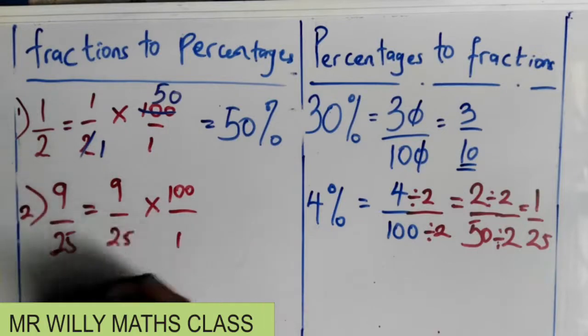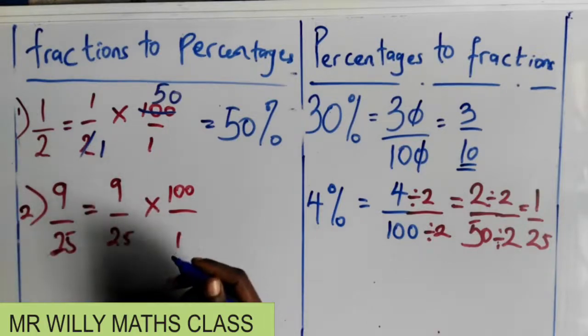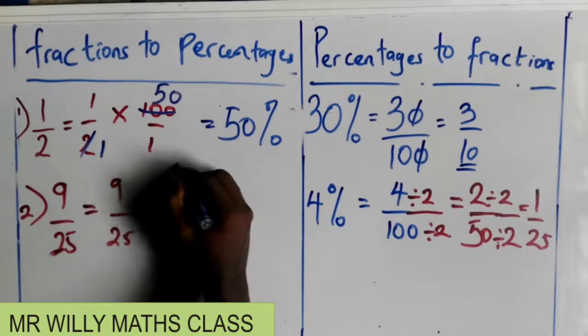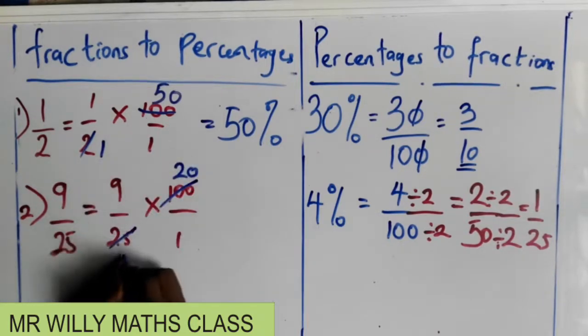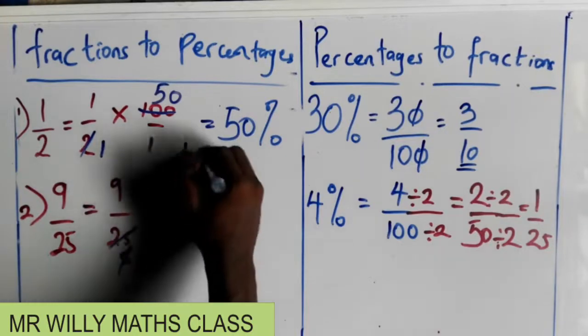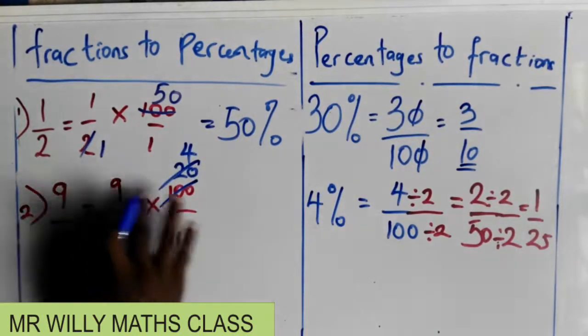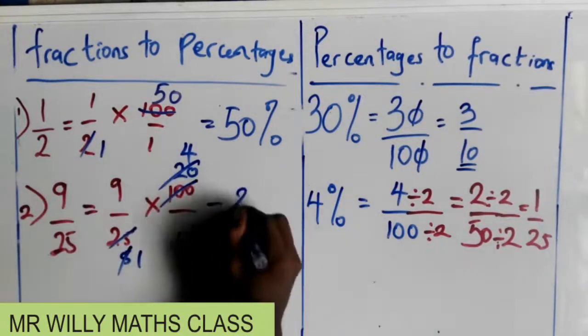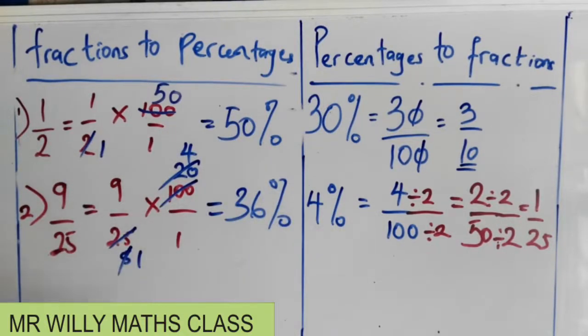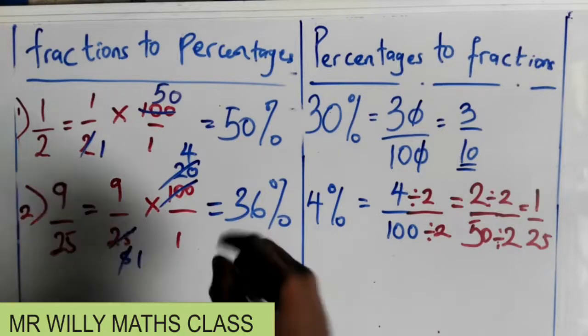Actually, you can use 25, but let's pick a small factor. 5 can go into 100 twenty times, and 5 into 25 is 5. 5 is also a common factor for both 20 and 5. So 5 into 5 will be 1, and 5 into 20 will be 4. So we are left with 9 times 4. 9 times 4 is what? 36%. So the percentage formed from the fraction 9 over 25 is 36%.